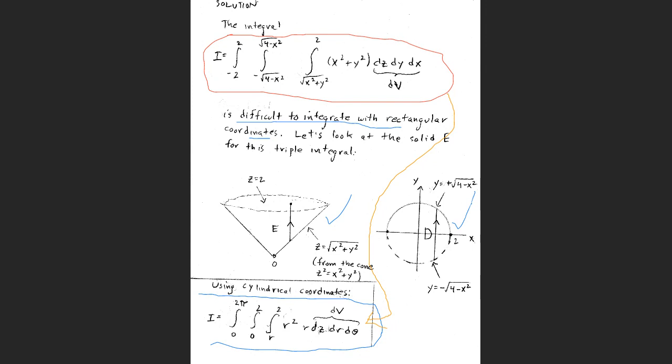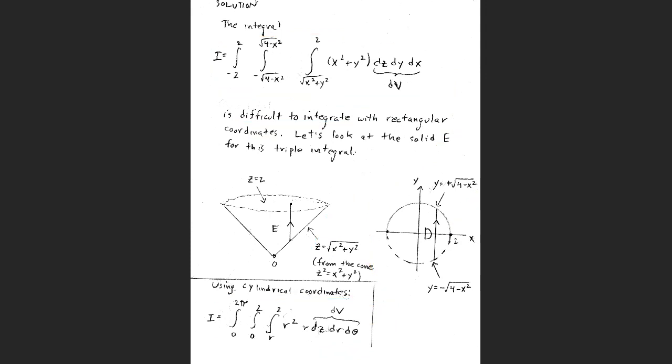Okay, so the cone z equals square root of x squared plus y squared, in terms of cylindrical coordinates, this cone would just be z equals the square root of r squared, right?